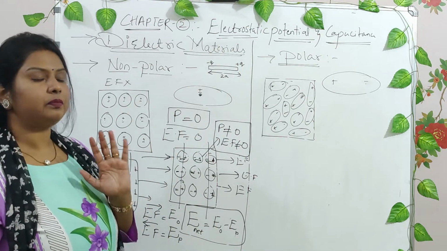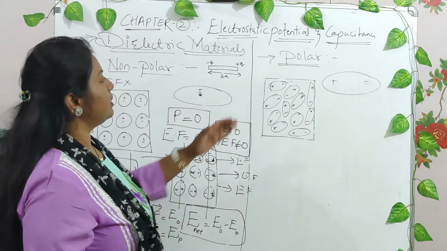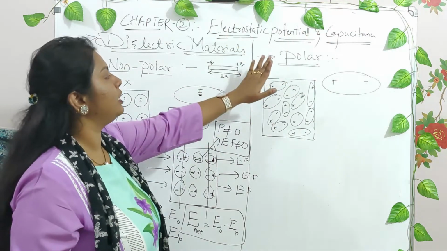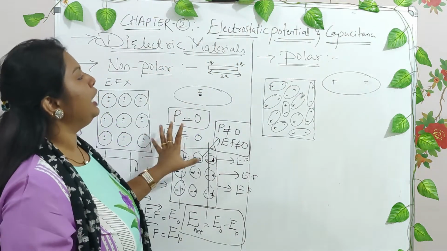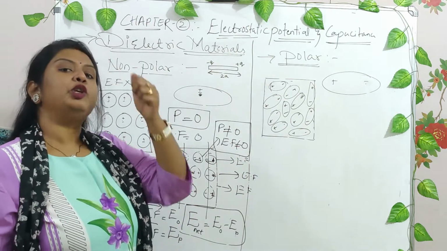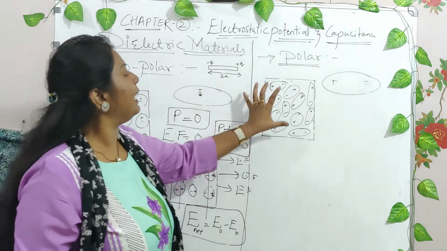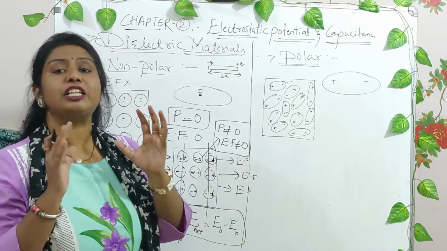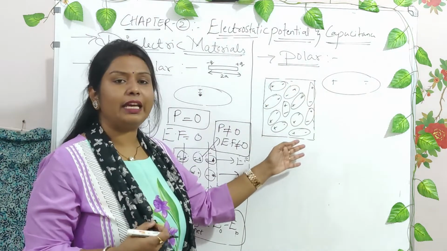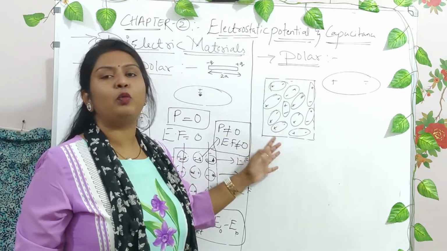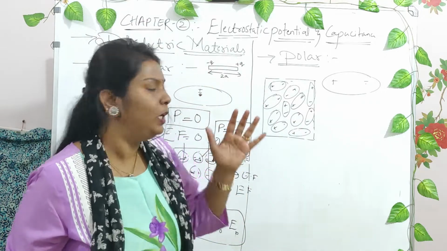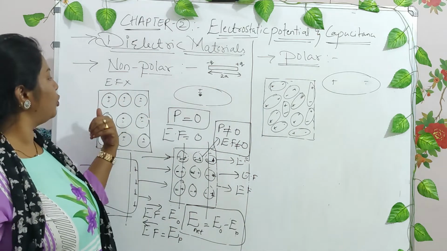Did you understand? Right? Next one is polar molecule, or you can call it polar dielectric material. In polar dielectric material, you have dipoles, but they are randomly arranged in the substance such that the net polarity or the net dipole moment of the system again remains 0. Initially, what happened in the non-polar molecule?